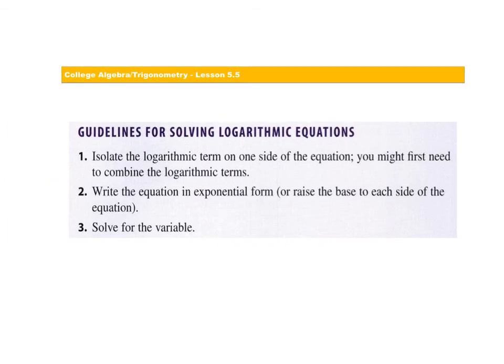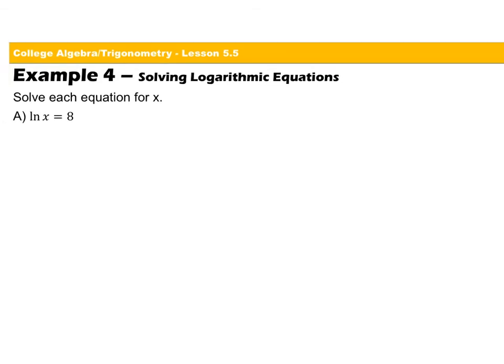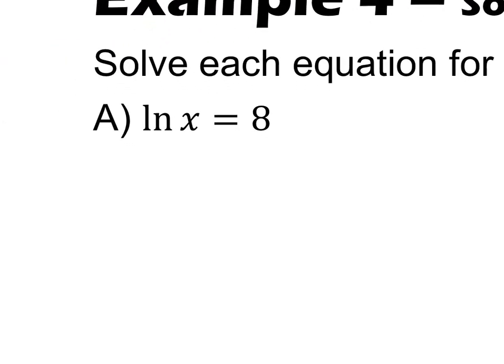All right, this is the same thing I told you at the beginning. Exponentials and logs are inverses. So when you get something like this, I see ln x equals 8. Can I do anything to get the natural log of x by itself, or is it already by itself? Is there anything being added, subtracted, multiplied, or divided?